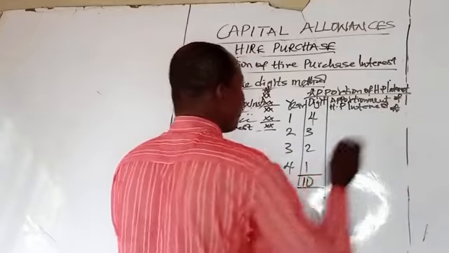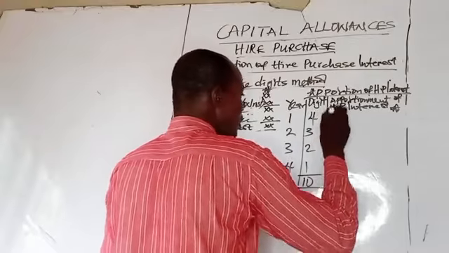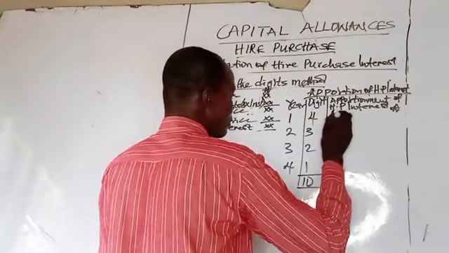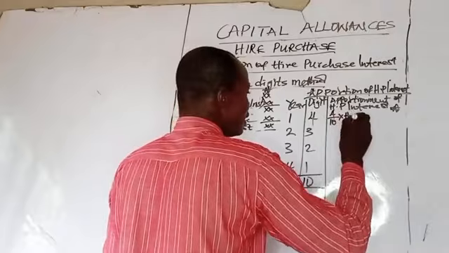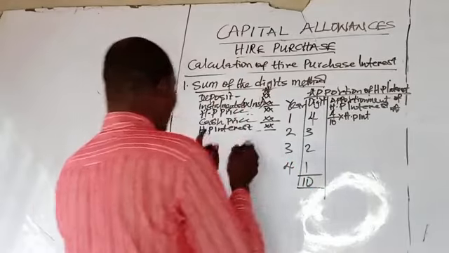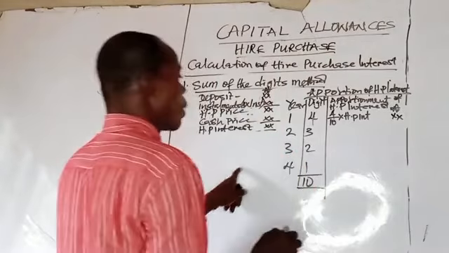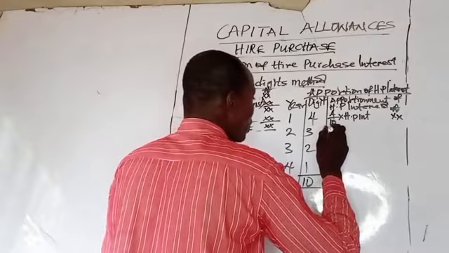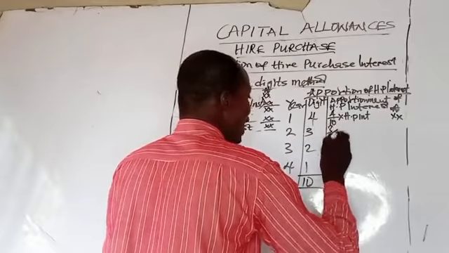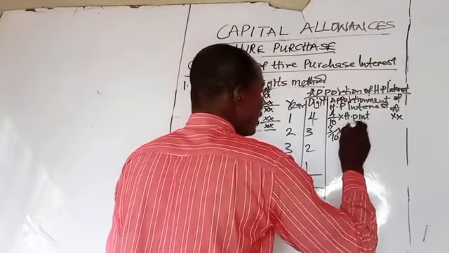So you have 4 over 10 times HP interest, the HP interest you have gotten under this method. That is the amount for year 1. Then year 2, it will be 3 over 10 times HP interest.